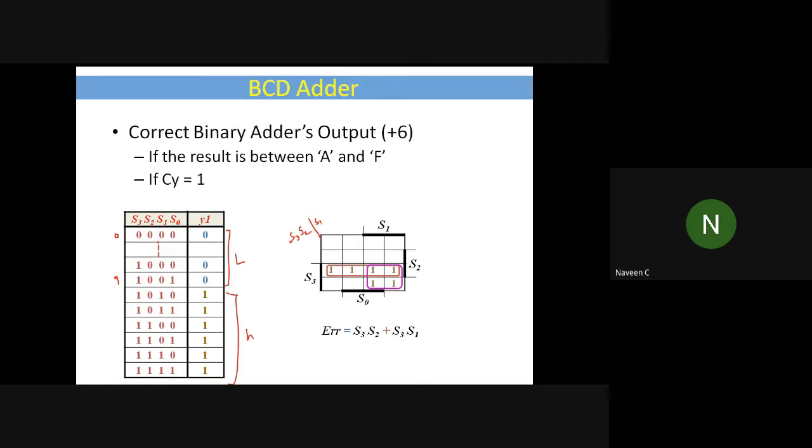You already know this is 0, this is 1. Sorry, this is 3 and this is 2.